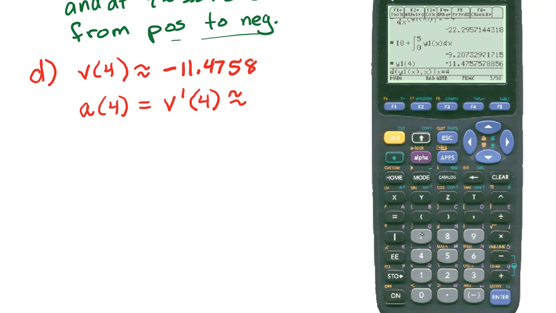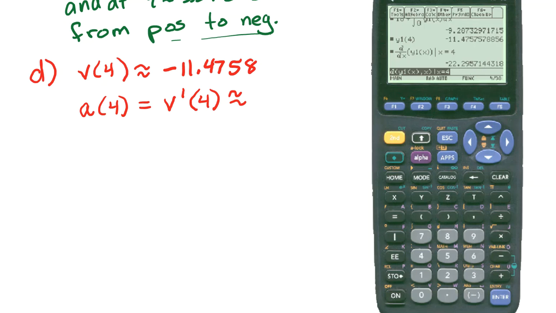And if you haven't used this, we'll do a green diamond, enter. So you can see the notation, the derivative of y1 of x such that x is equal to 4. And we have our negative value, so they're both negative.